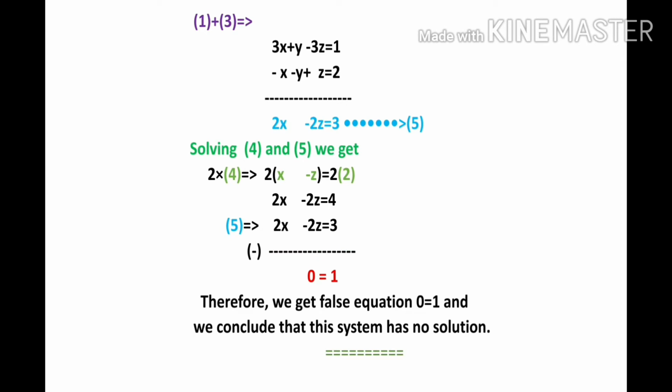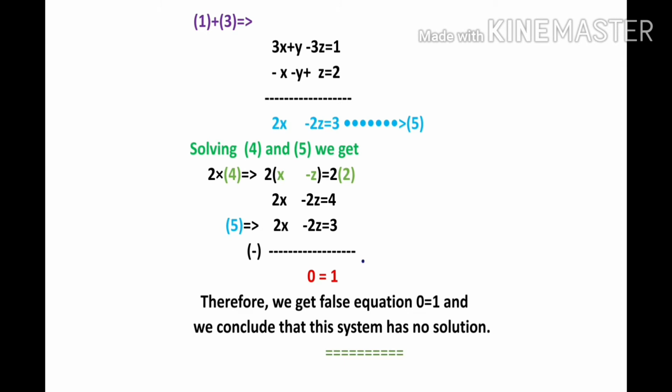What happens? 2x minus 2x gets cancelled. Then minus 2z plus 2z gets cancelled. Then 4 minus 3 is equal to 1. So we get 0 is equal to 1.